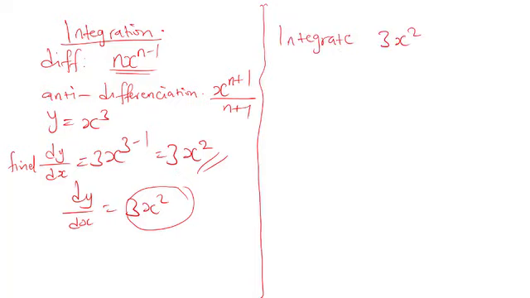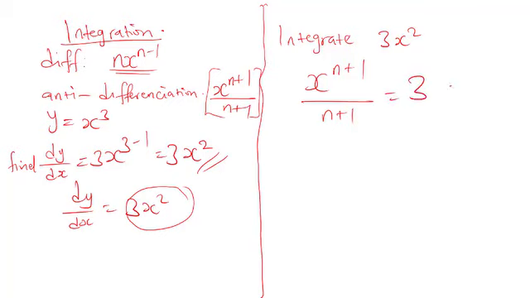Now if you want to find the integral of this answer, remember the rule, we have it right in front of us here. The rule is x raised to power n plus 1 all over n plus 1. So remember the value of our n now is 2. So let's apply it.